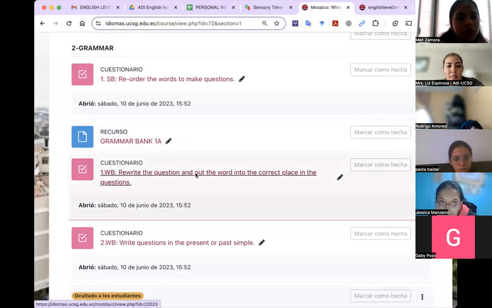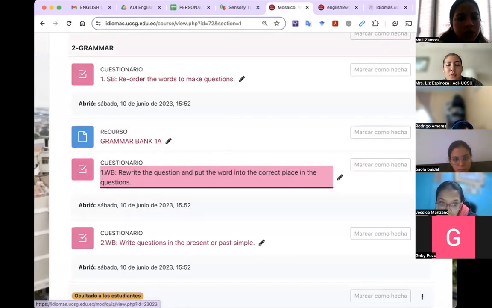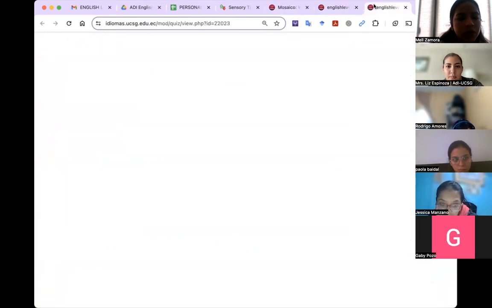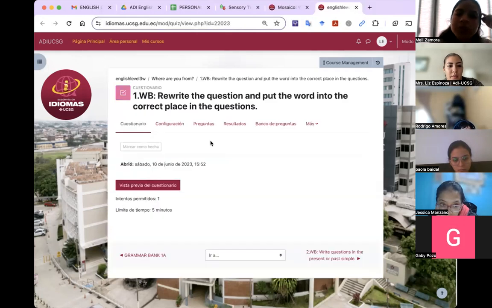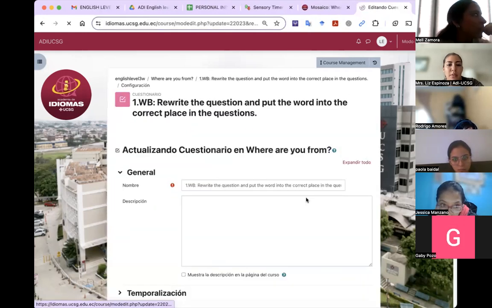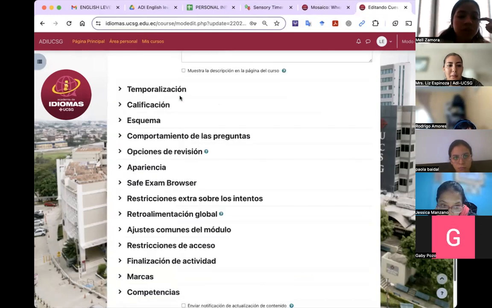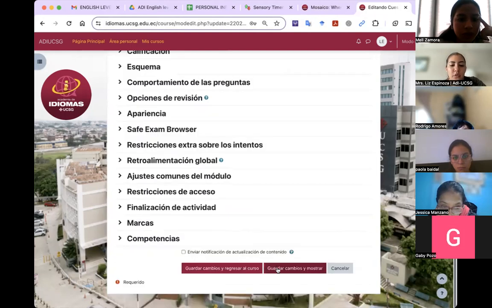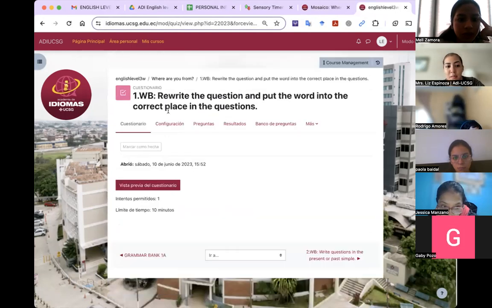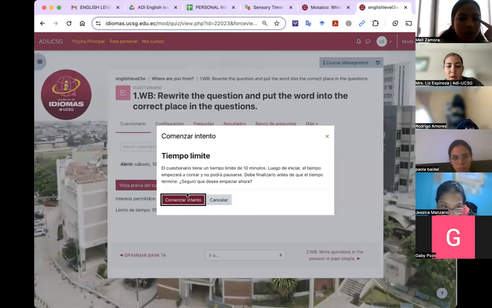Pay attention to this one, that says, rewrite the question and put the word into the correct place. It is one of the 4 activities that you're going to do later on with your classmates. I'm going to show you the example, only the example. You're not going to do it now.